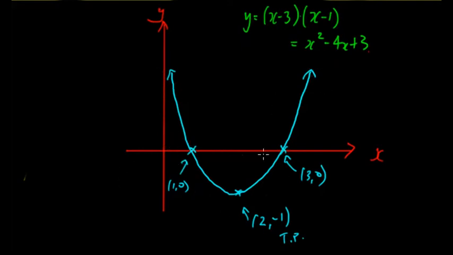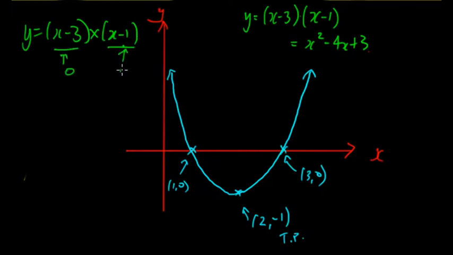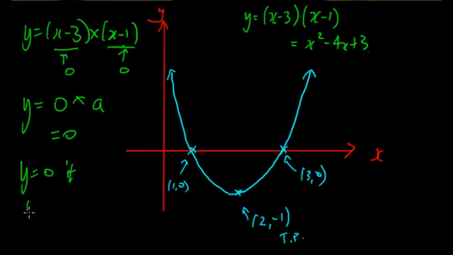The reason we have these intercepts is that if one of these brackets is 0, then y is going to be equal to 0, because 0 times any number, 2, 3, 4, doesn't matter what number it is, will always equal 0. So y will equal 0 if x minus 3 is equal to 0, or x minus 1 is equal to 0.